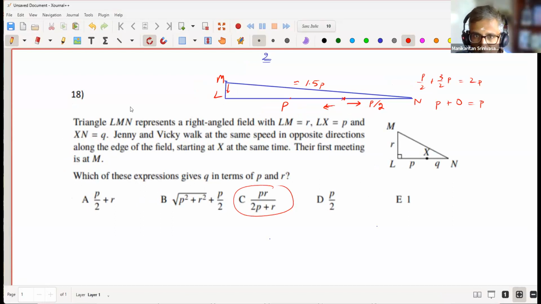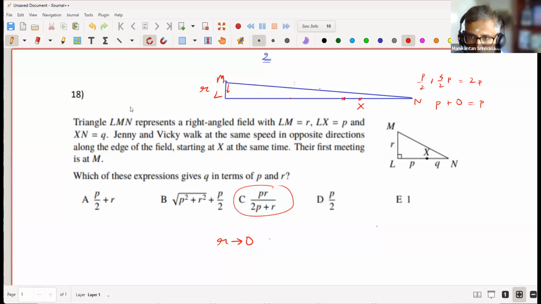So this is R, right? Now as R approaches 0, what is the correct answer? What is the correct expression I'm expecting? Let's see. Let's say X is somewhere here, right?